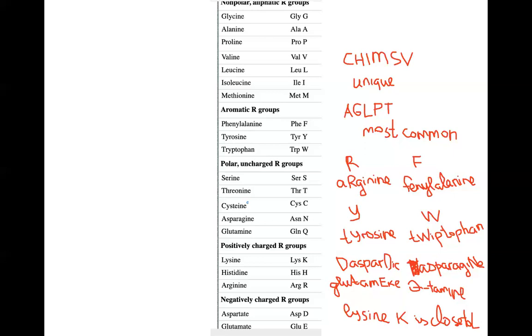Then they went by the most common one, for example alanine and aspartate, or glycine, leucine, proline, threonine, as opposed to tyrosine. And then the rest, you kind of just have to be creative. Okay, thank you.